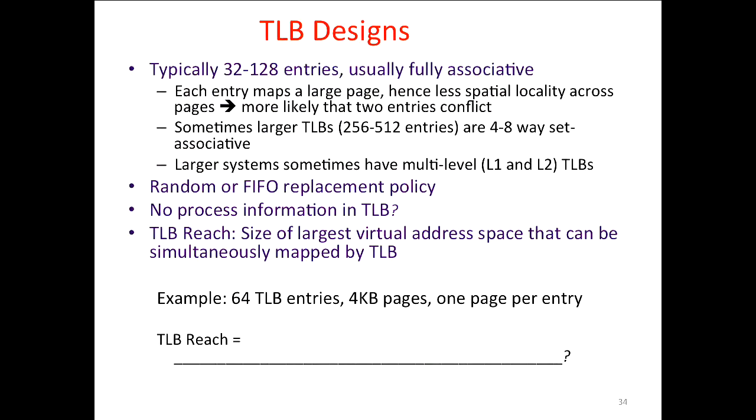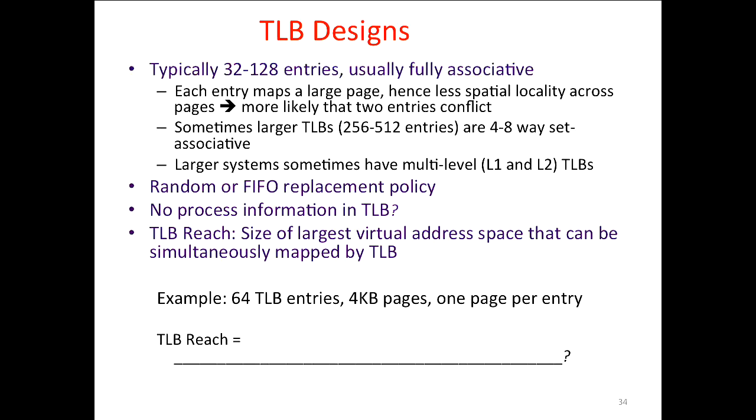So let's just talk about the TLB structure. Common level 1 TLBs in processors these days have something like 32 to 128 entries. They usually map a page, 4 kilobytes. So from a 4 kilobyte virtual page, the virtual page number is mapped to the physical page number.